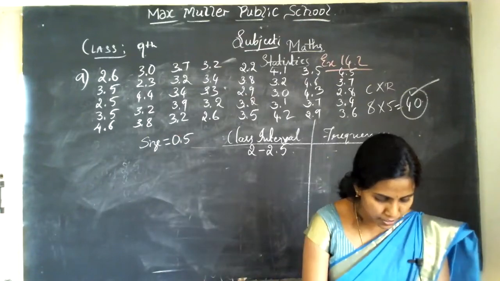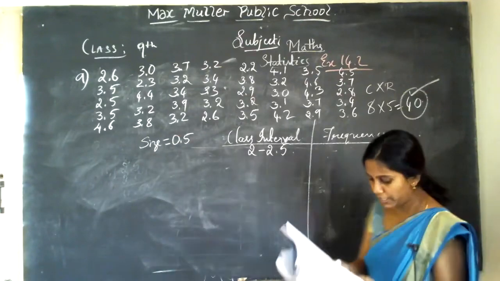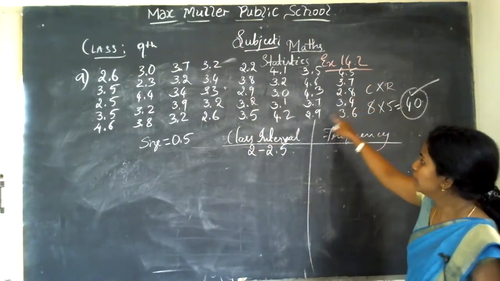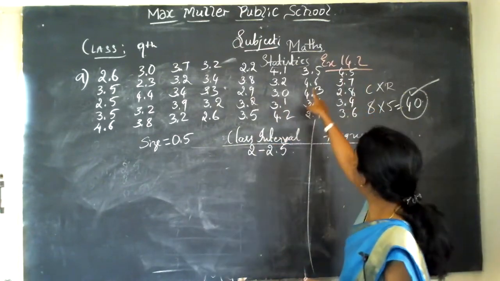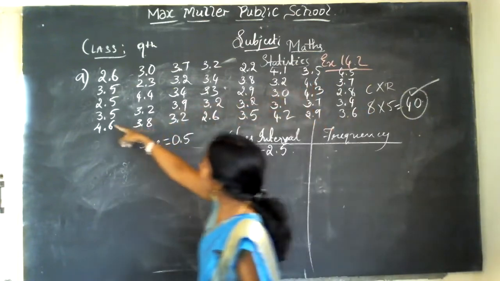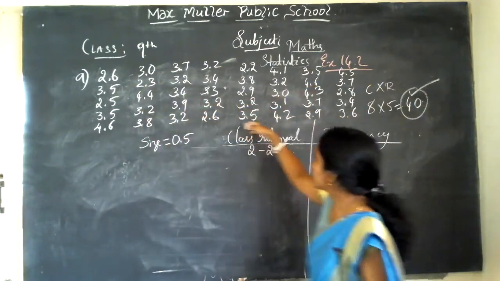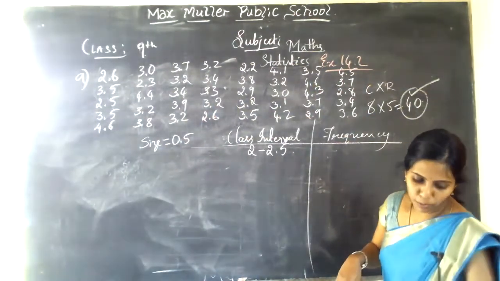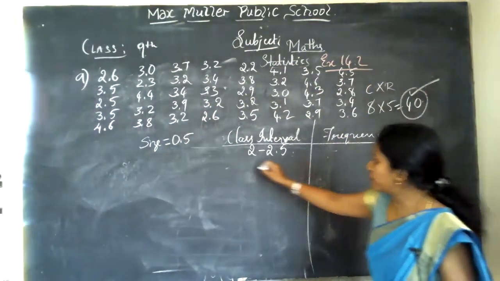When you observe the greatest number in the data, it is 4.6. The last interval will have to go beyond 4.6, isn't it? Let me take the class intervals from 2.0 to 2.5.